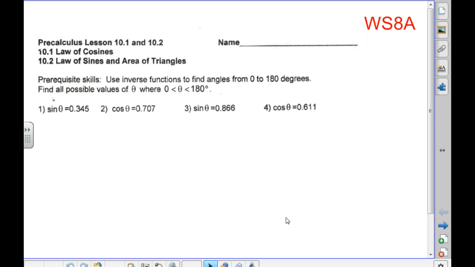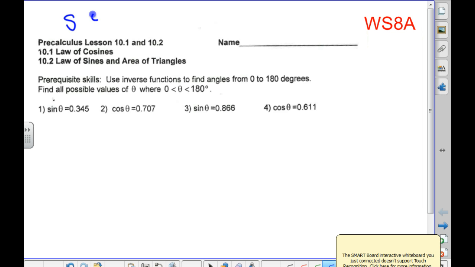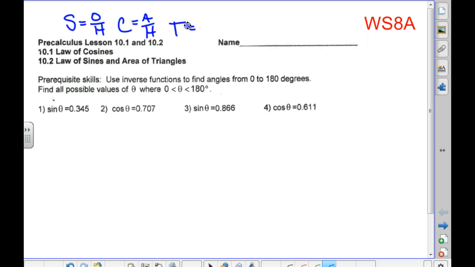All right. The idea behind needing law of sines and law of cosines is we learned this about right triangles back, I would like to think, in 8th grade. If not, in geometry, hopefully.